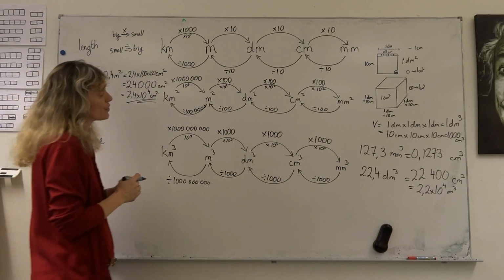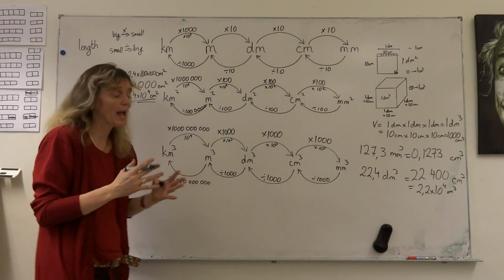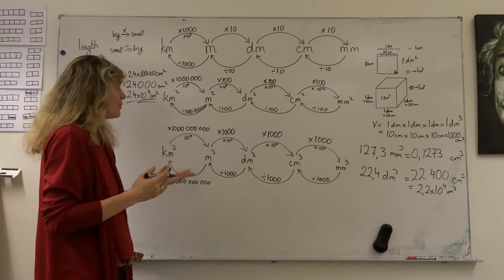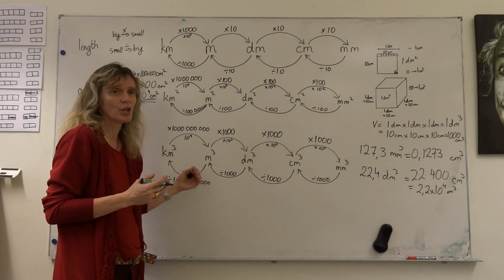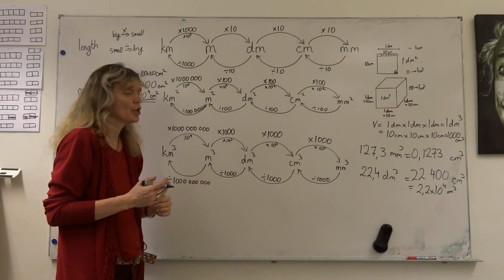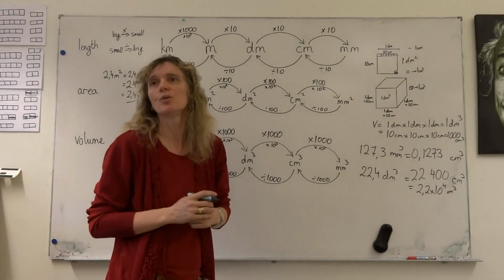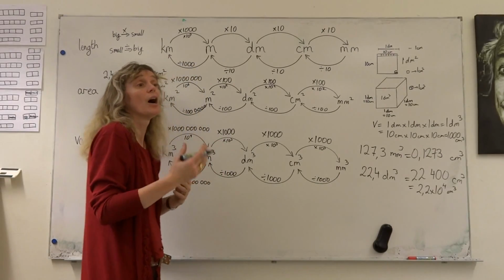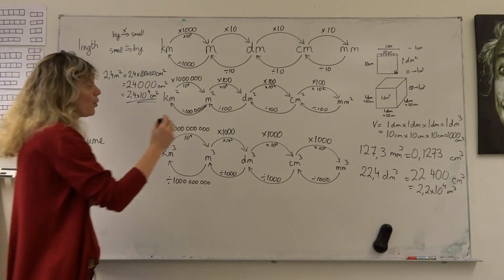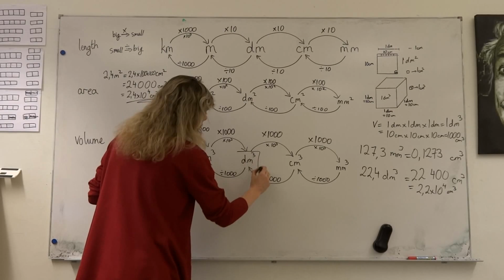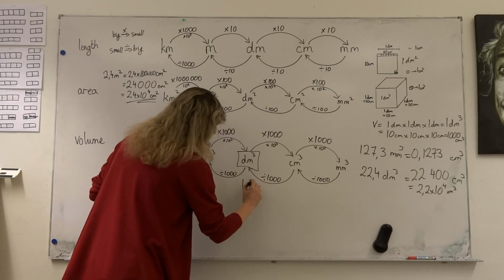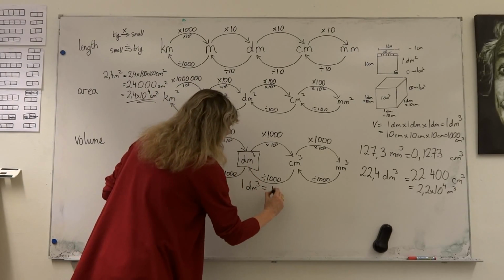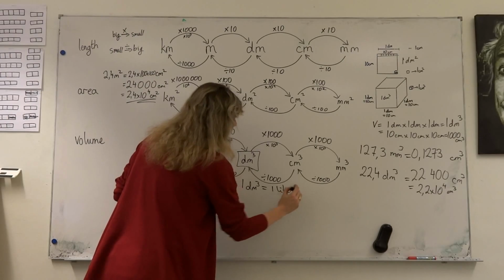Another key thing to remember here when you've got volume calculations is sometimes they're giving you volumes in meters cubed, sometimes decimeters cubed, but sometimes they try and confuse you a little bit by putting volumes of litres in there. And the important one to remember here is that 1 decimeter cubed equals 1 litre.